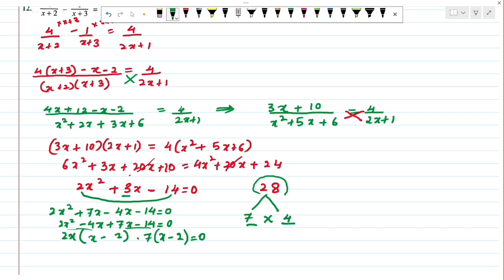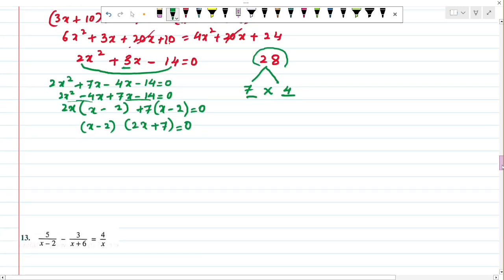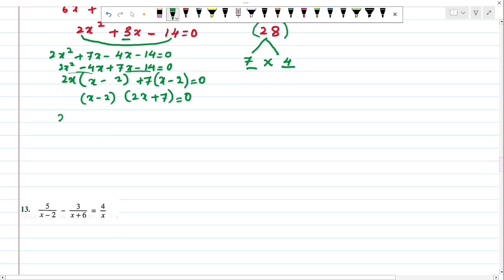So this becomes plus. So x minus 2 and 2x plus 7, which is equal to 0. So I'll get x minus 2 equals 0 or 2x plus 7 equals 0.